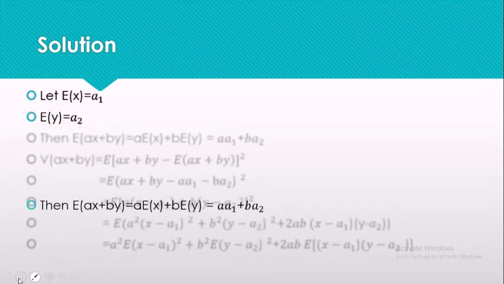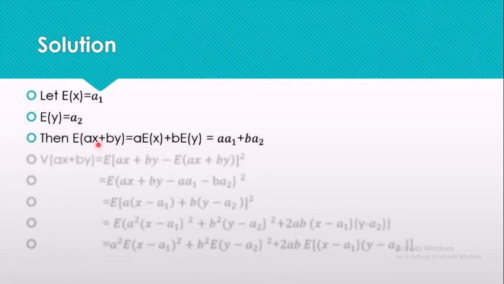Therefore, I'm going to find out what is expectation of aX plus bY, and you all know the formula for expectation of X. So instead of X, I have given over here aX plus bY. Let's see what I get when I expand this.